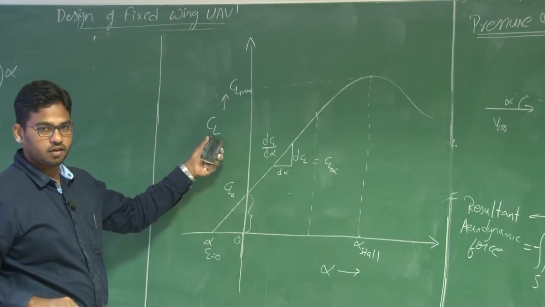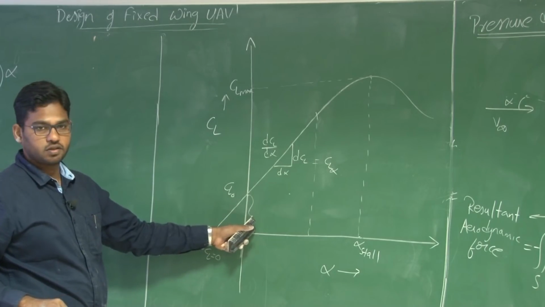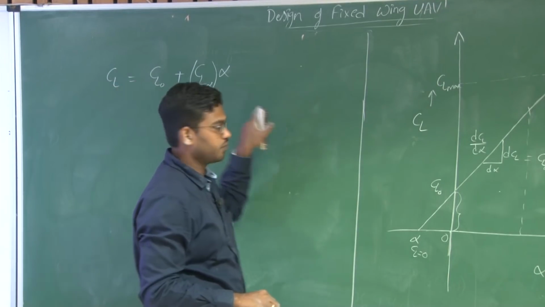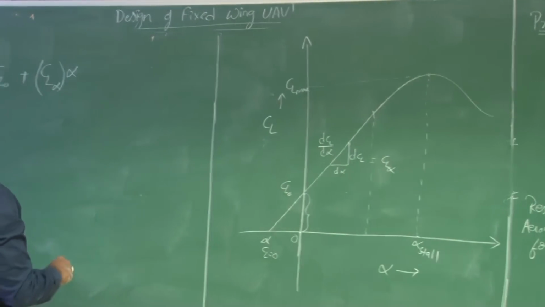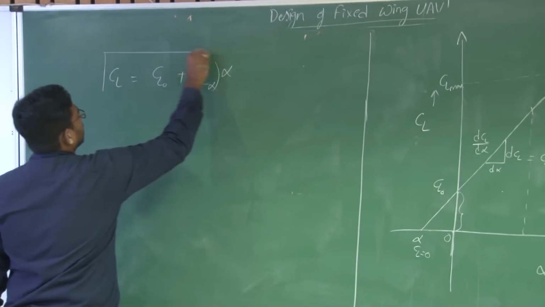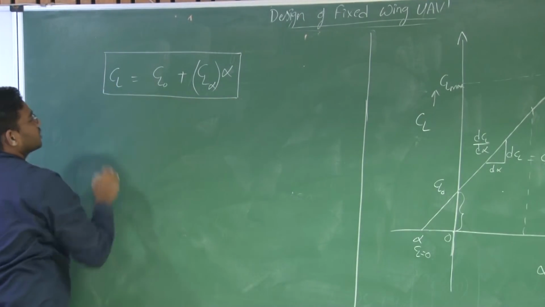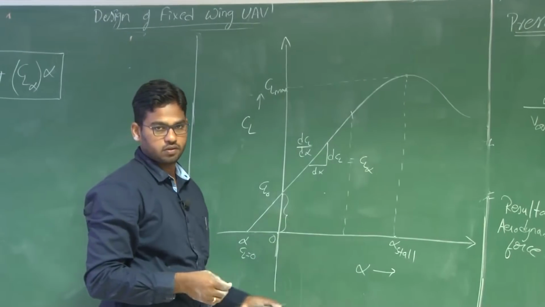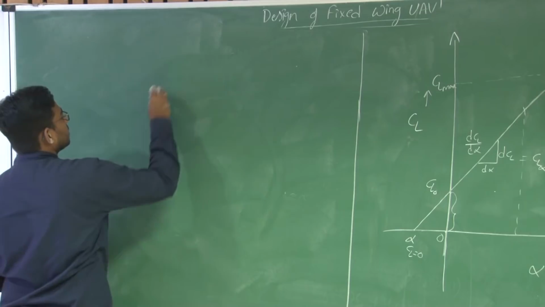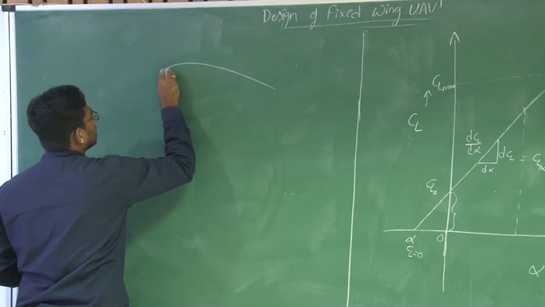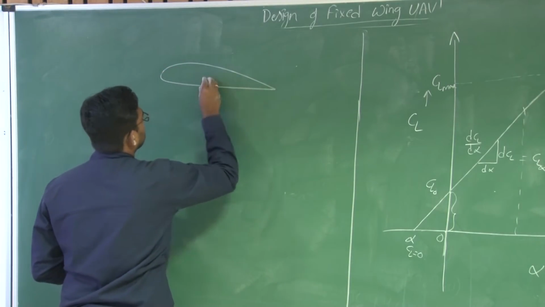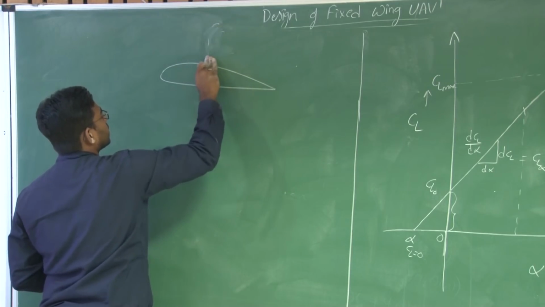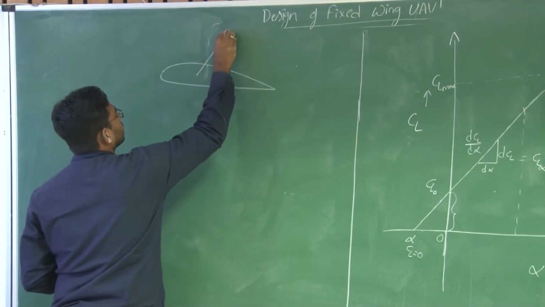Y here is CL, the y-intercept c is CL naught, m is the slope CL alpha, and x is alpha. So I can use this equation to model the CL as a function of angle of attack up to a certain region. We took it for granted that there exists a resultant force when there is a flow.